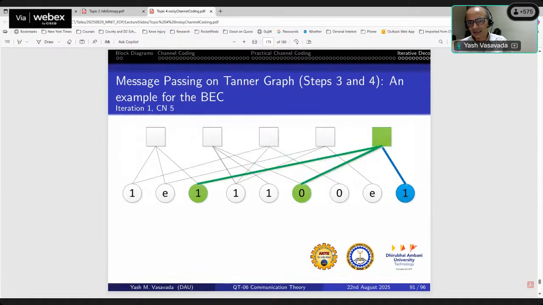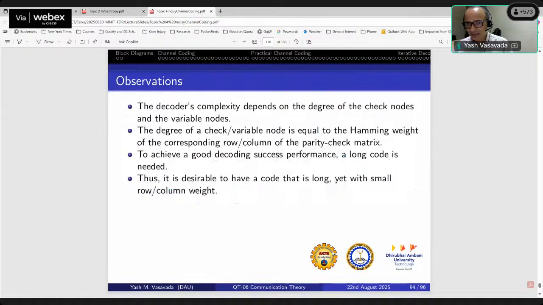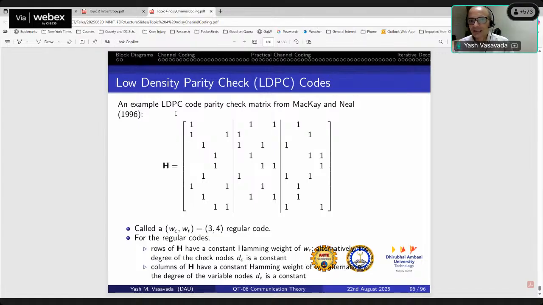They iteratively figure out which are the corrupted bits out of a 10-bit code word that is received over, let's say, a binary symmetric channel or binary erasure channel. So that is how the low density parity check codes were defined. And today's 5G phones actually implement this LDPC channel coding. So LDPC is the latest and the greatest in terms of channel coding technique.